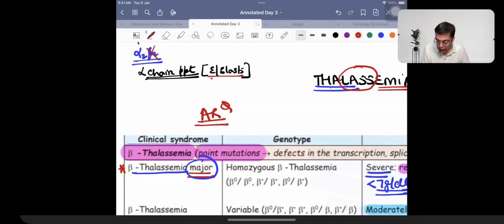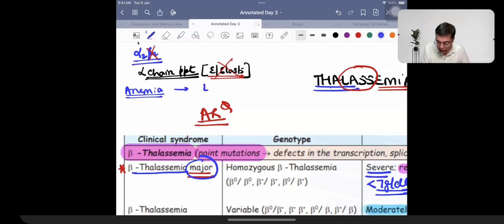And these erythroblasts will then not be able to survive properly. So thalassemia is a problem in which there is ineffective erythropoiesis. RBCs during their stage of development in the bone marrow itself are going to die. As a result of which, what will happen? There is going to be severe anemia.